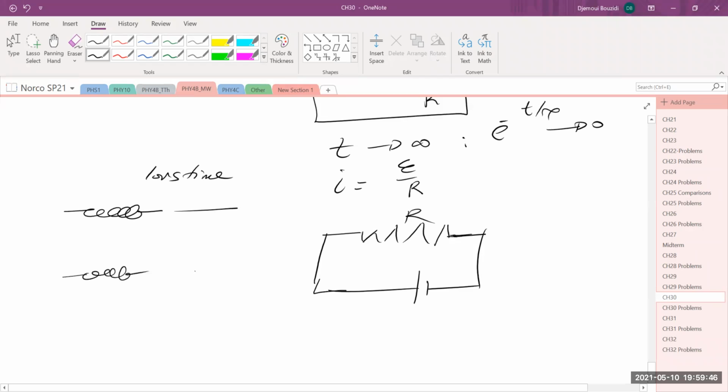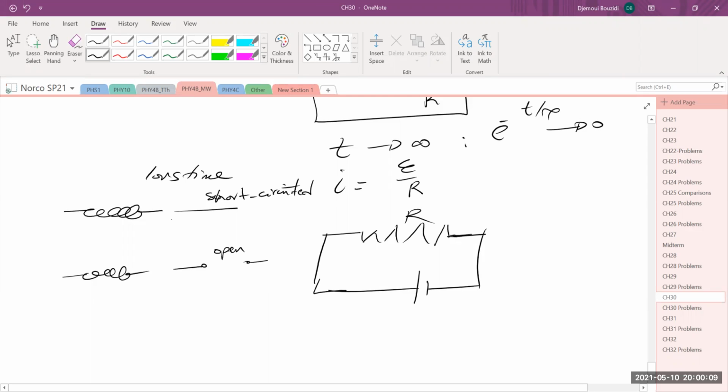Immediately, it will become an open circuit. It's an open. And here it's short-circuited. So this is a hint on how to do some of these problems. If they tell you that the switch has been closed for a long, long time, and any time you see an inductor, replace it with a wire. That's it.